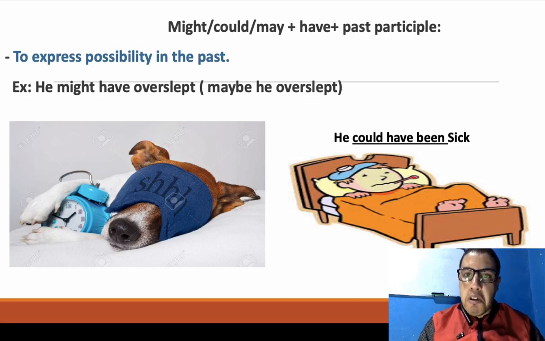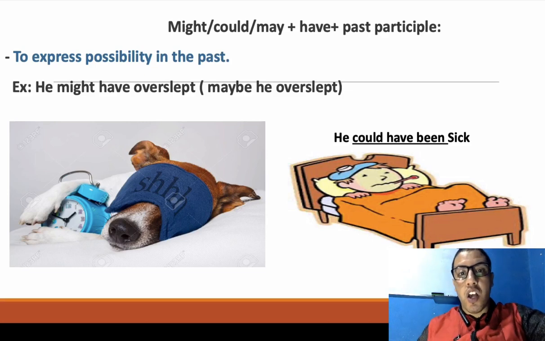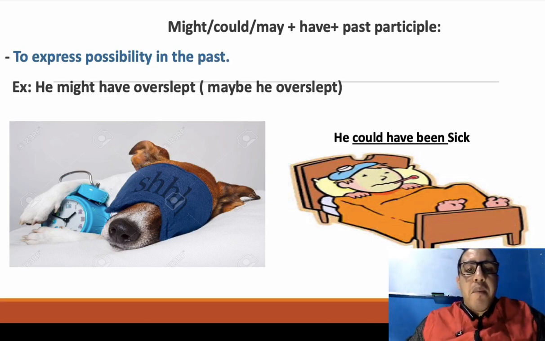Then you will say, he might have overslept. Okay? He might have overslept. But the question is, are you sure that he overslept? No. Why? Because you say maybe. So it is a possibility. Maybe yes, maybe no. I'm not sure.